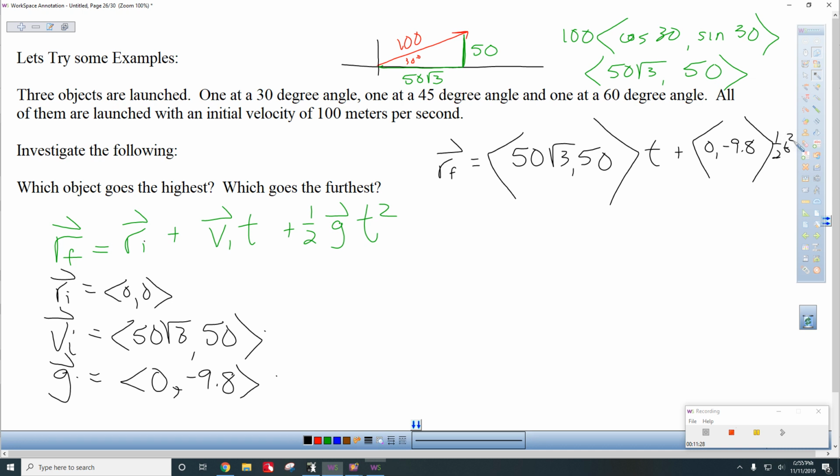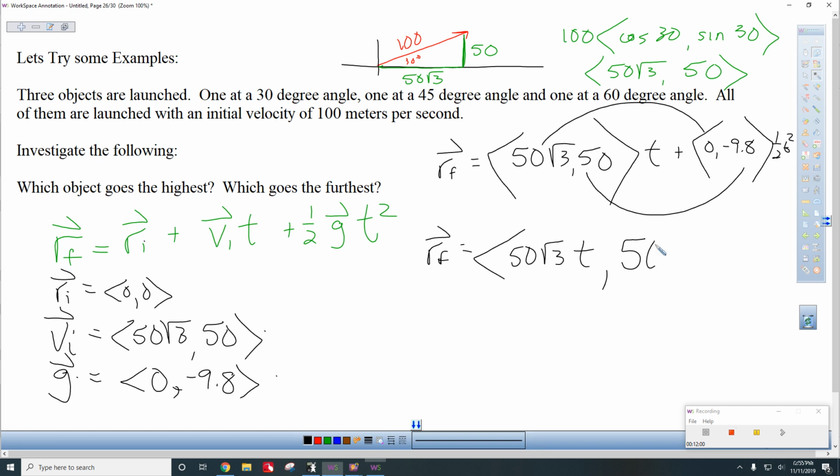And remember, when we add vectors, we add the x values and we add the y values. So another way to write our final position function will be 50 radical 3 times t, and then the y coordinate will be 50t minus, so 9.8 times 1/2 is 4.9 t squared.